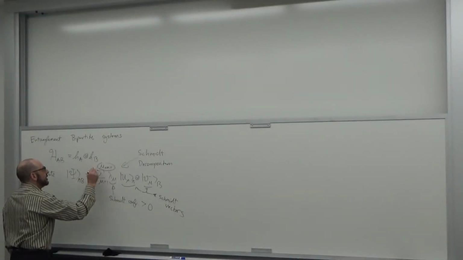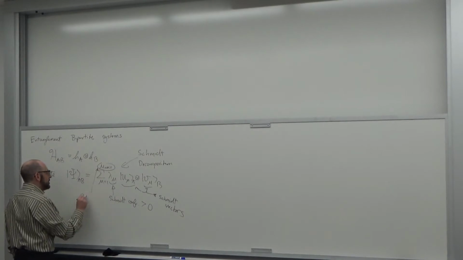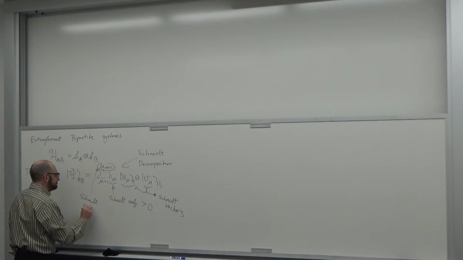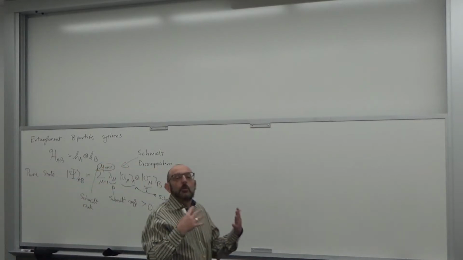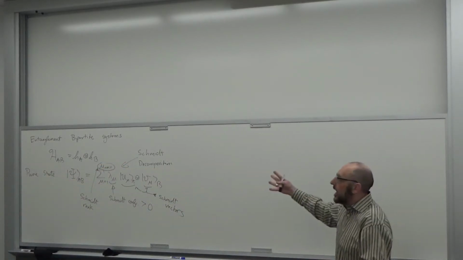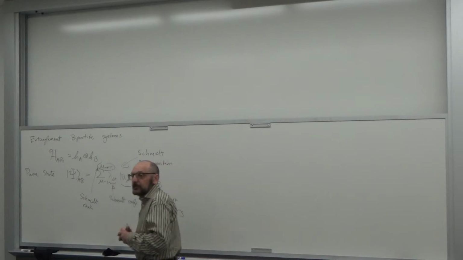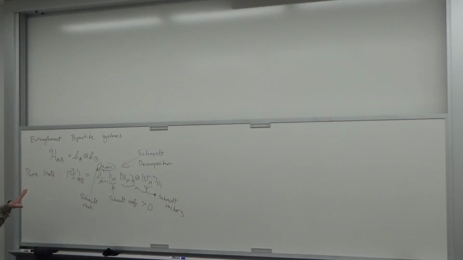And this is sometimes called the Schmidt rank. Okay. So this is a general form that we can always write, and it's the most important thing we need to know when thinking about entanglement in the context of bipartite systems, okay, the pure states.